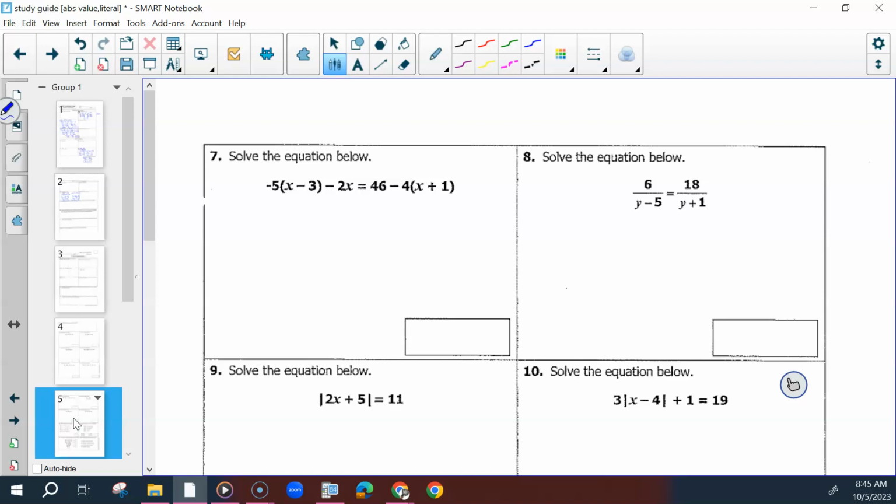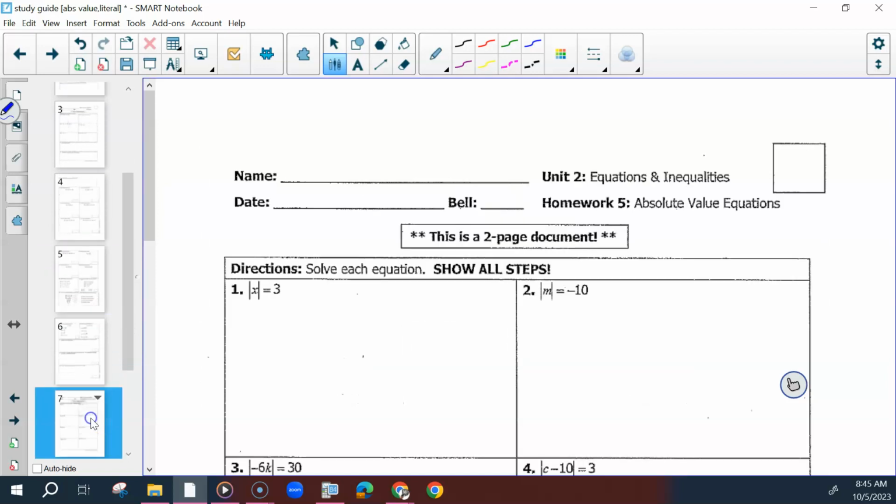And look at numbers 9 and 10. Either of those you want to see, do go over and have questions about. If none of those, not the back of that page, but the next page that looks like any of those, 1 through 8.